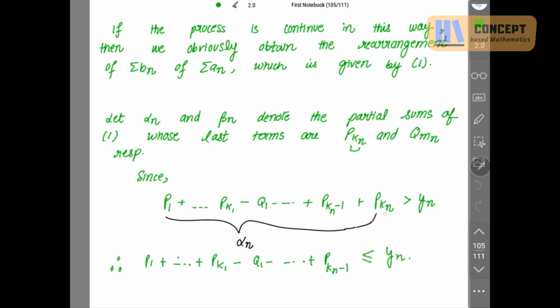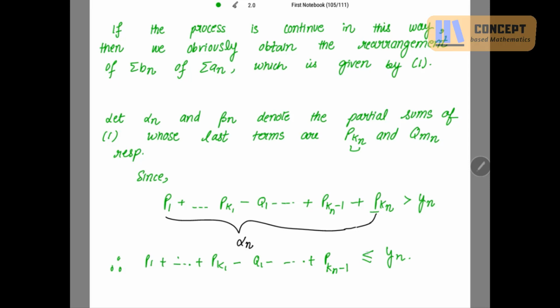So the last term is p_{kn}, I do not hold this as alpha n. If I remove this last term, then this sum will be less than or equal to yn, obviously, because this is your positive term, and with the addition of this positive term, the sign is greater than yn. Suppose I remove this positive term, then the sign will change to less than or equal to, because one term is removed from this sum.